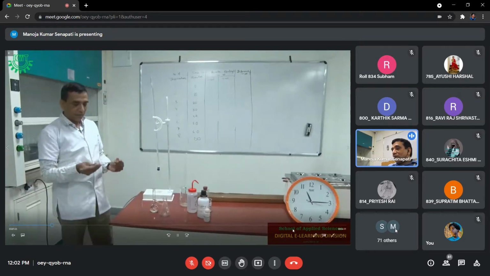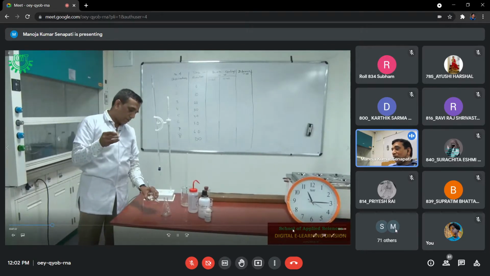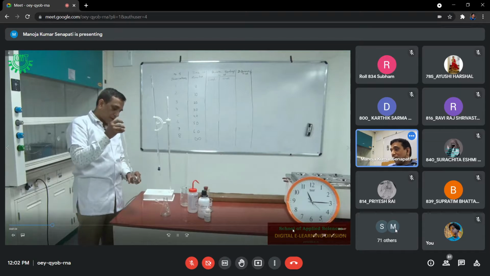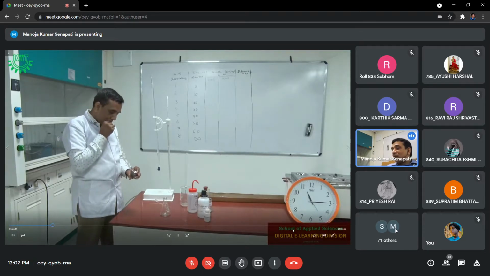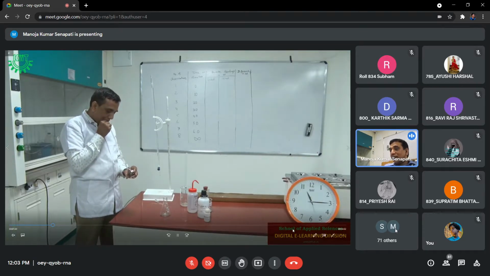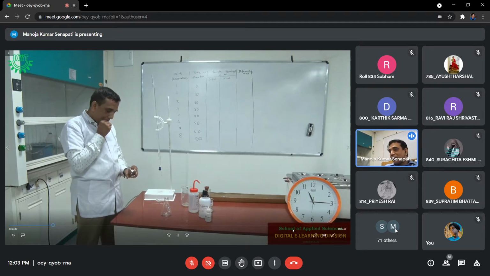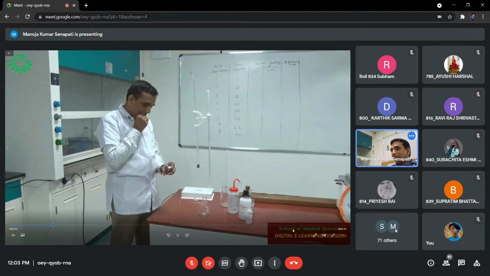So this is the observation which I am going to carry out for time 0. Time 0 means the concentration due to only the catalyst, the HCl. So I am taking out 10 ml of HCl from the measuring flask.